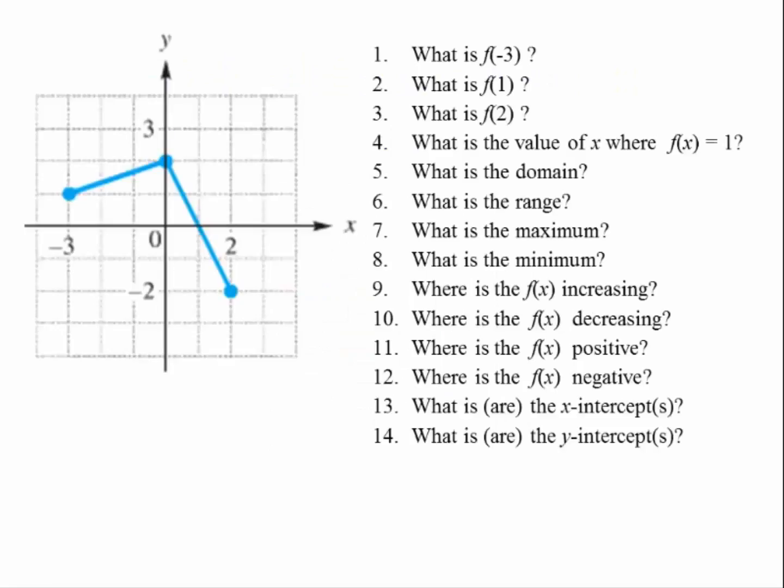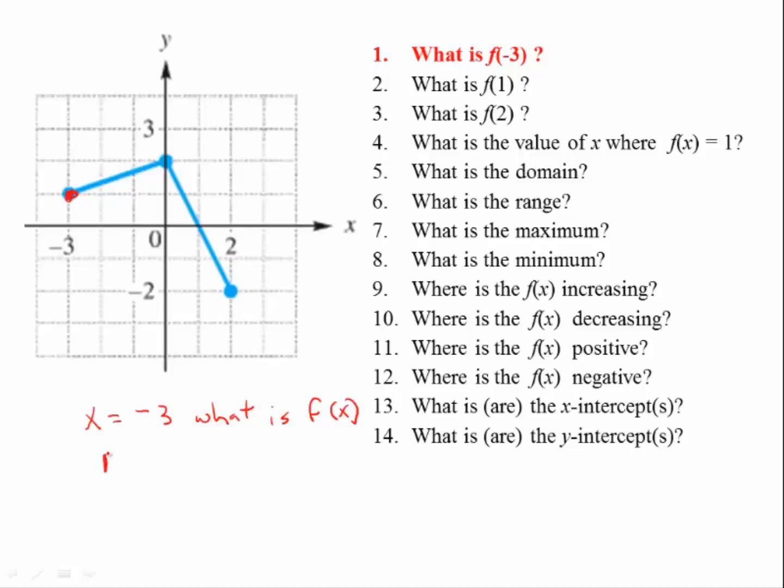Question number 1. What is f of negative 3? f of negative 3 means when x equals negative 3, what is the y value, or what is f of x? When x is negative 3, our y value is 1.